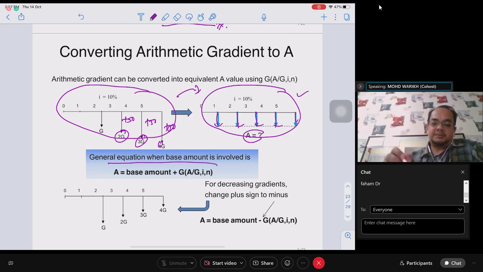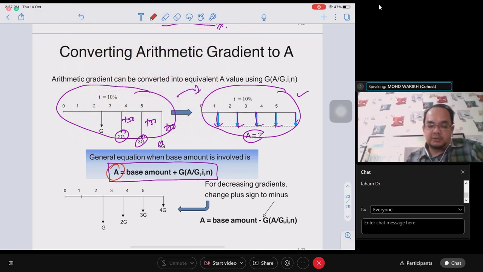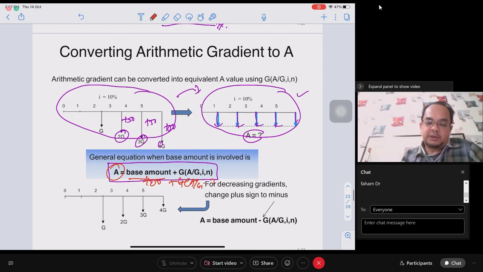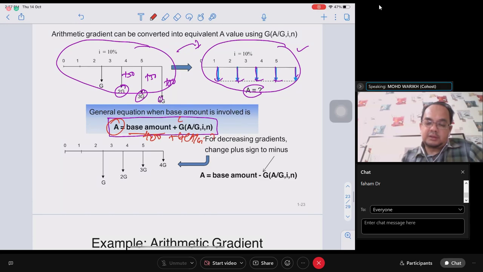A equals the base amount, which is 400 ringgit, right? Plus G, A over G, I, N. That means G is 50 ringgit. What was the AG I earlier? 10%.